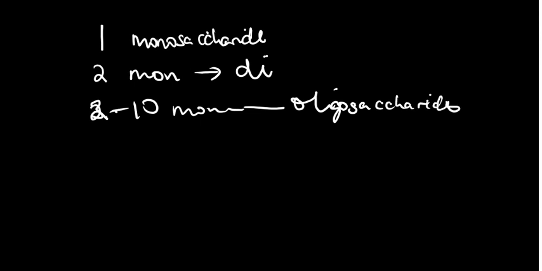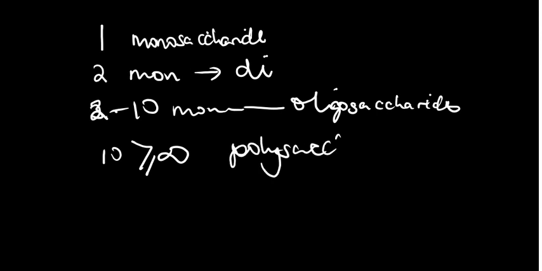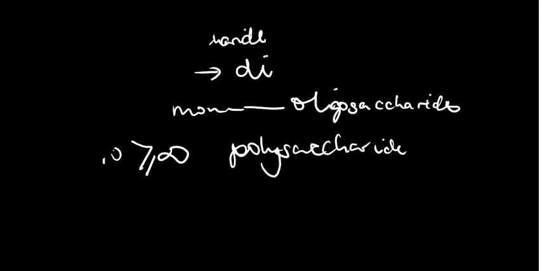When we have more than 10, so 10 to infinity, or greater than or equal to, we're going to have a polysaccharide, meaning this molecule has so many glucose molecules or monosaccharides in it, since monosaccharides are the basic structural unit of all carbohydrates.